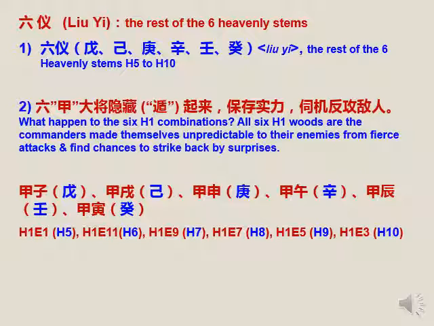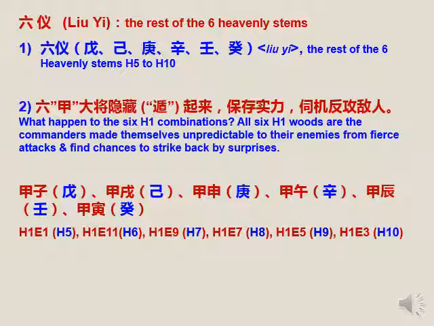We know that in the 60 Jiazi combinations, there are only 6 combinations of Jia, right? Namely, there are Jiazi, Jiaxu, Jiashen, Jiawu, Jiachen, Jiayin. So these 6 heavenly stems, Liu Yi, are substituted into each of the combinations, which represents these 6 combinations.